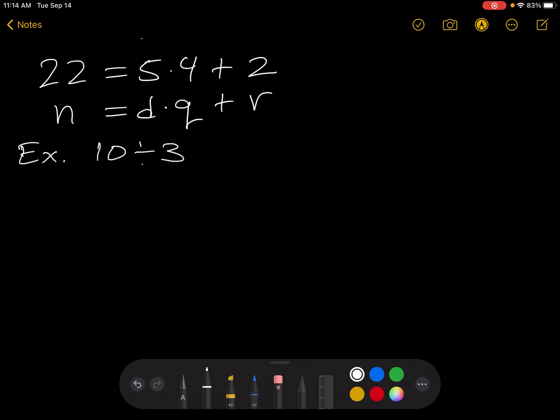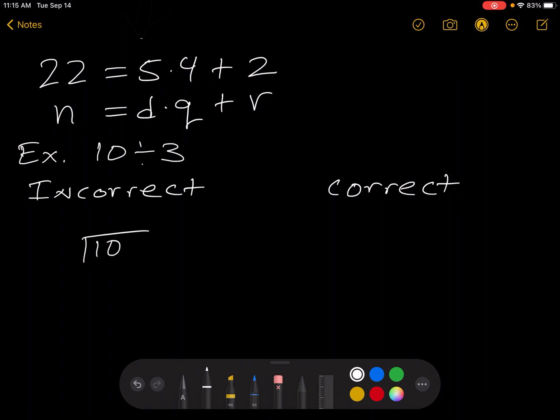And on the right, I'm going to do the division 10 divided by 3 correctly. Okay, so first, the incorrect way. And over here, we'll do correct. All right, so 10 divided by 3 incorrectly.